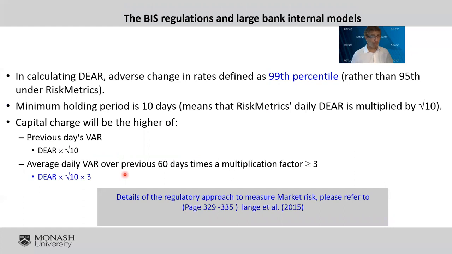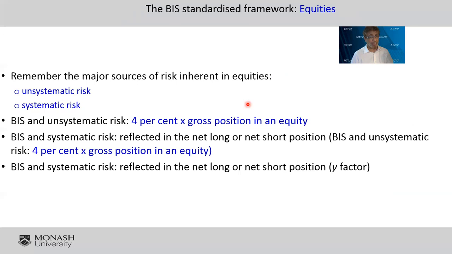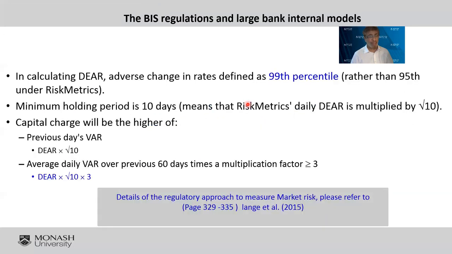Now they use 99% confidence. They have something called the internal models. So this is not the internal models, this is the standard model. With the internal models, they sometimes assume normal distributions and bring all the risks inside for each item, and they calculate the VaR based on the movement and the 99% confidence.